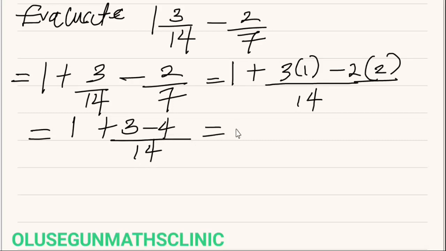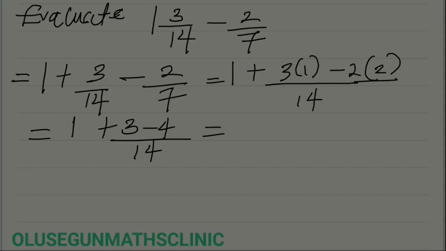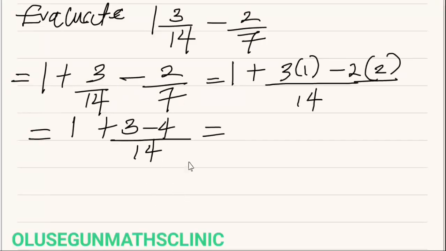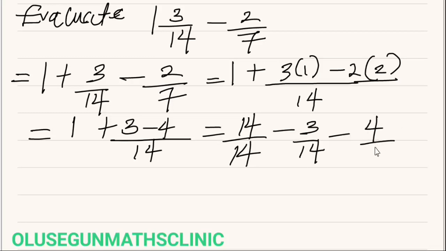So instead of writing 1, you can now say 14 over 14. 1 is 14 divided by 14, plus 3 over 14 minus 4 over 14.